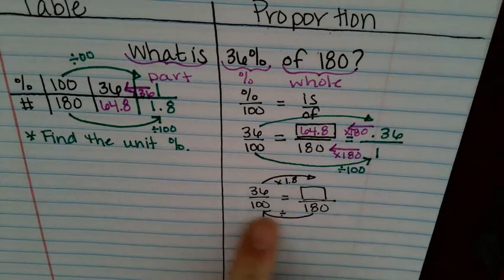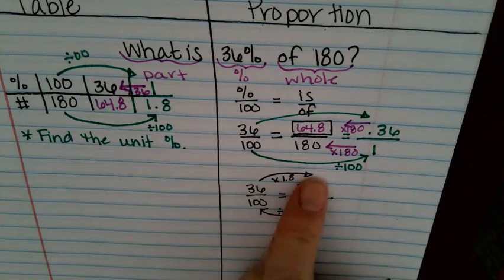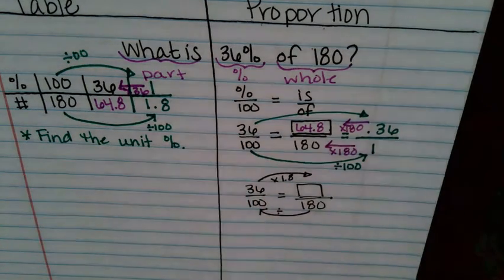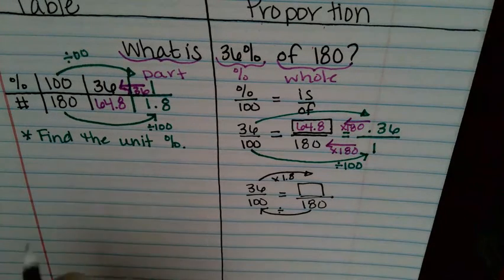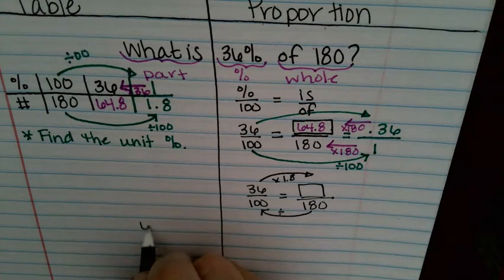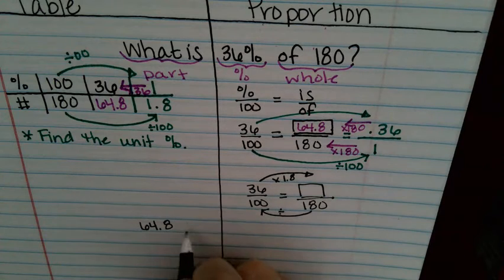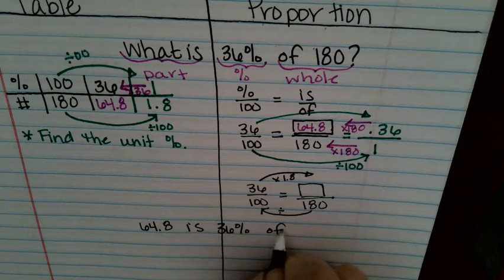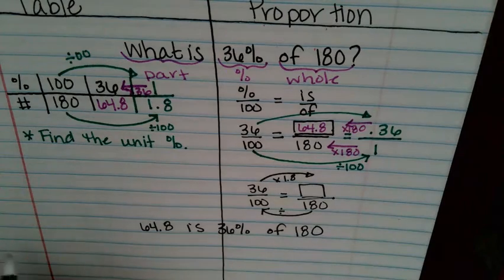And when you do this, this is called the circle of life. If I want to multiply one way, I can divide the other way, and I'm going to get the same thing. And so my answer is 64 8/10 is 36% of 180.